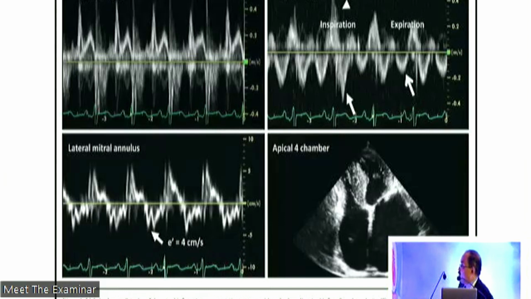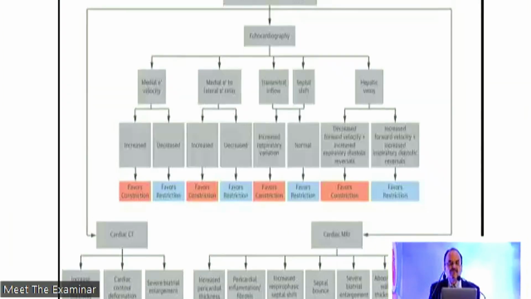So the typical feature that you will see on echocardiography of restrictive cardiomyopathy is this typical biatrial enlargement, which is most distinctive. The other features like left ventricular hypertrophy can be confusing.